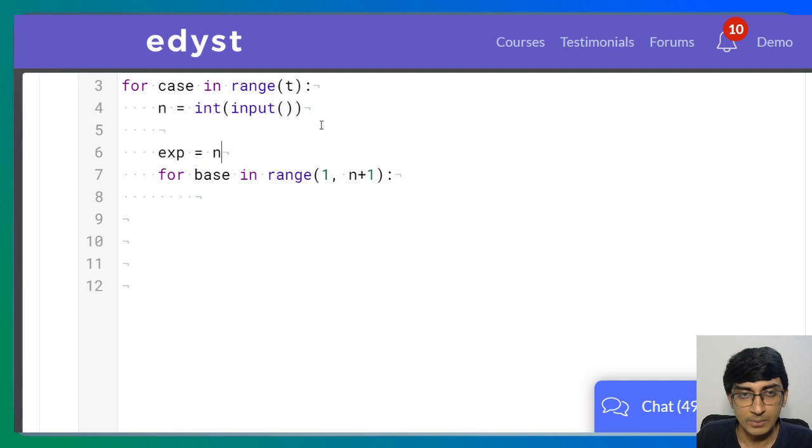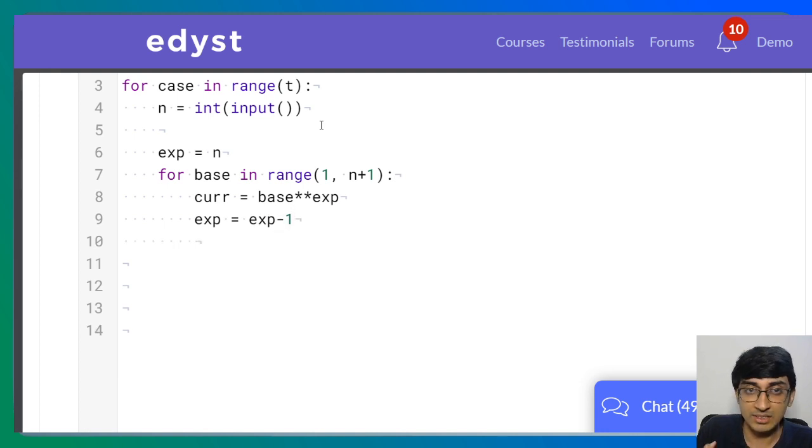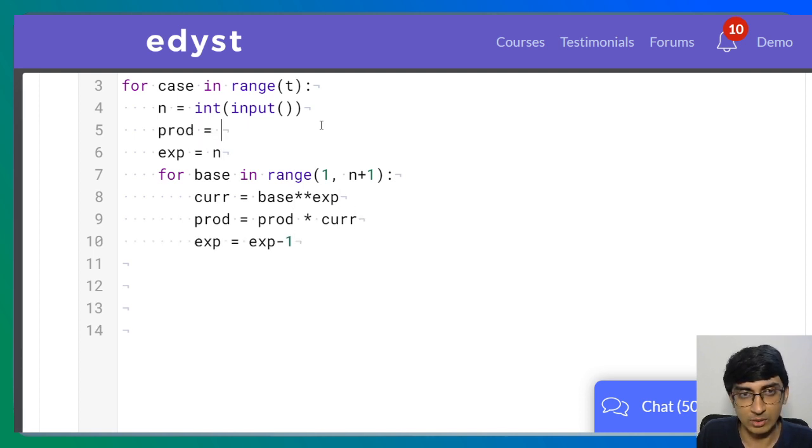Exponent is equal to n, and for each of the bases we are going to reduce it. For the first one, current is equal to base raised to exponent. Then we reduce the exponent: exponent is equal to exponent minus 1. This has to be a product, so product is equal to product into current value. You could do exponent is equal to exponent minus 1 after this as well, that doesn't really matter. And I'll keep product is equal to 1 initially.